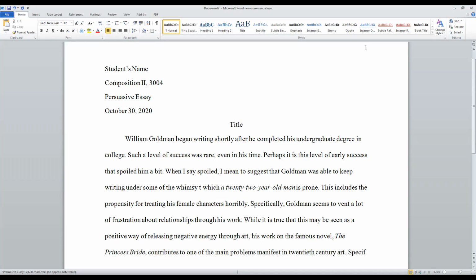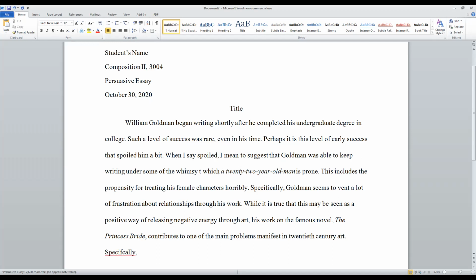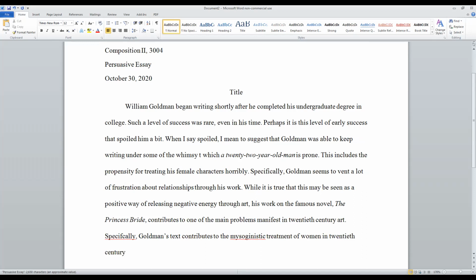Specifically, Goldman's text contributes to the misogynistic treatment of women in 20th century literature.